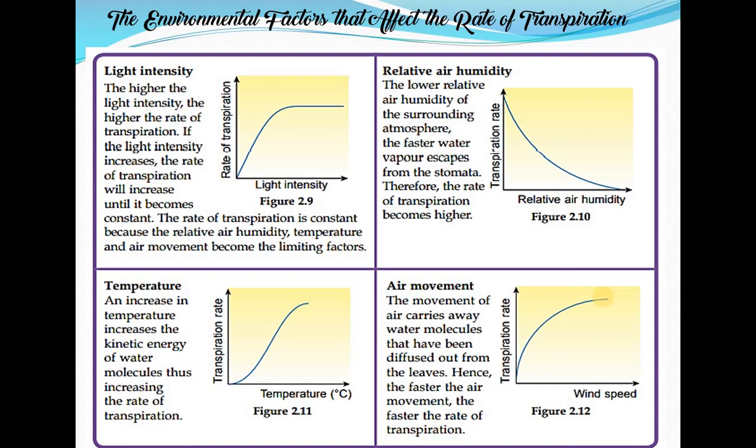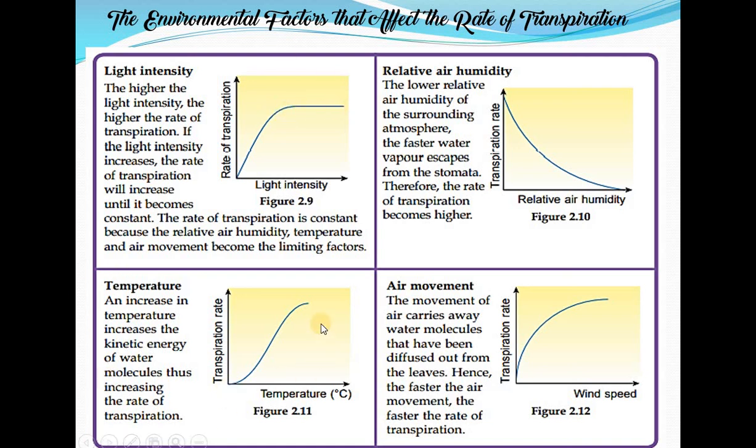So that's all on the environmental factors that affect the rate of transpiration. Make sure you can relate these factors. Again, the higher the light intensity, the higher the rate of transpiration until it becomes constant.